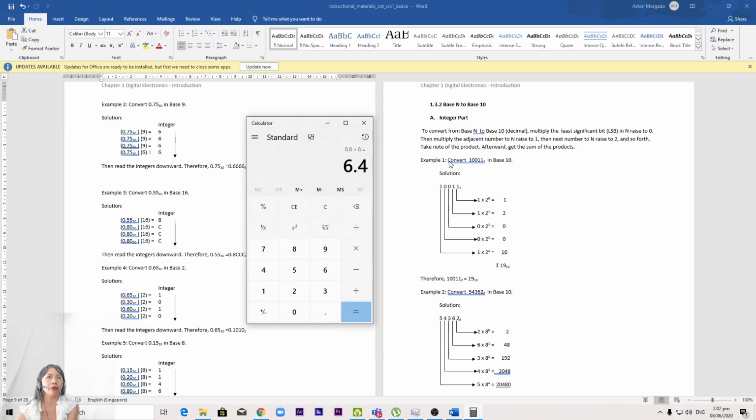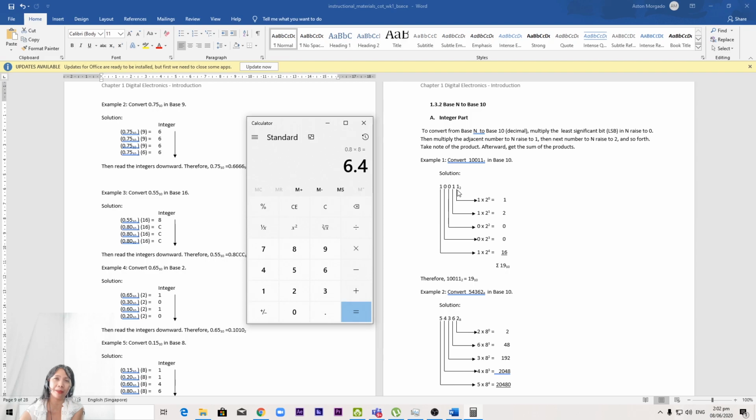Then take note of the product. Afterward, get the sum of the products. So let's start. Convert 10011 base 2 to base 10. Again, this is the LSB.